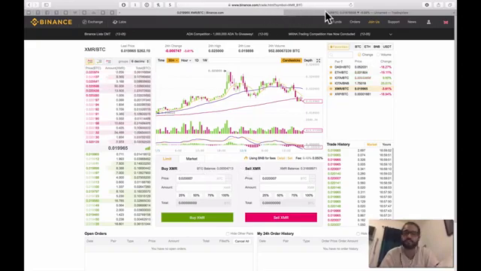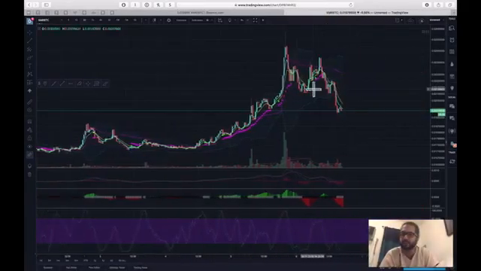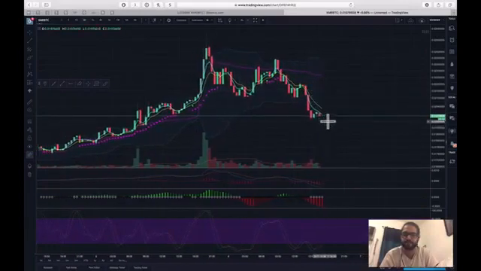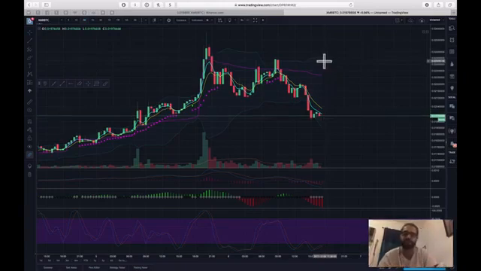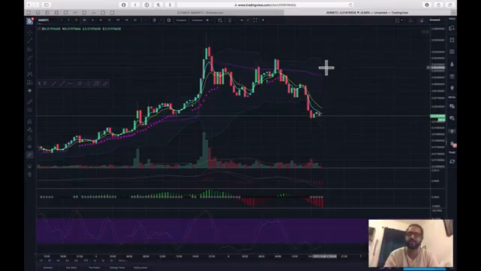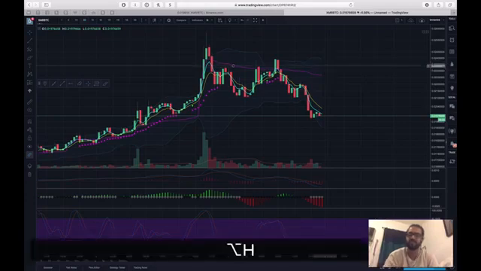So for XMR, I think I have the chart here already. So it's looking like it's at the lower end of where the price should be. So I don't know, maybe I want to, I'm already up on XMR, so like I could pretty much sell it anywhere here and take some profit. But if I wanted to maximize, I'd probably try to sell around here, maybe.